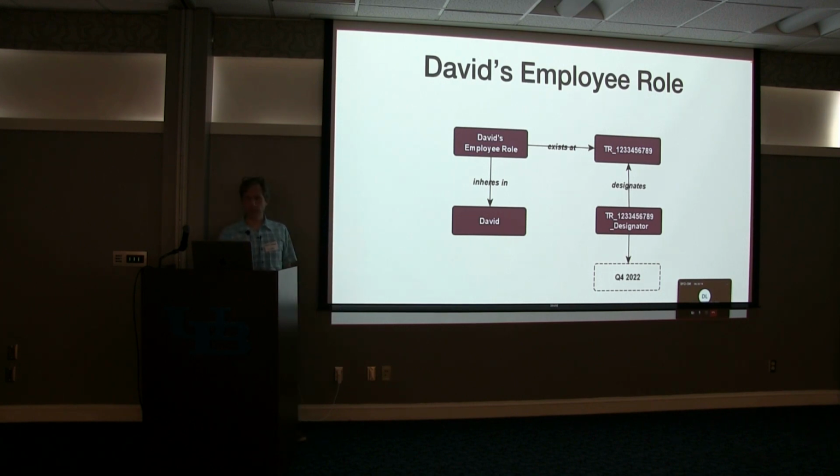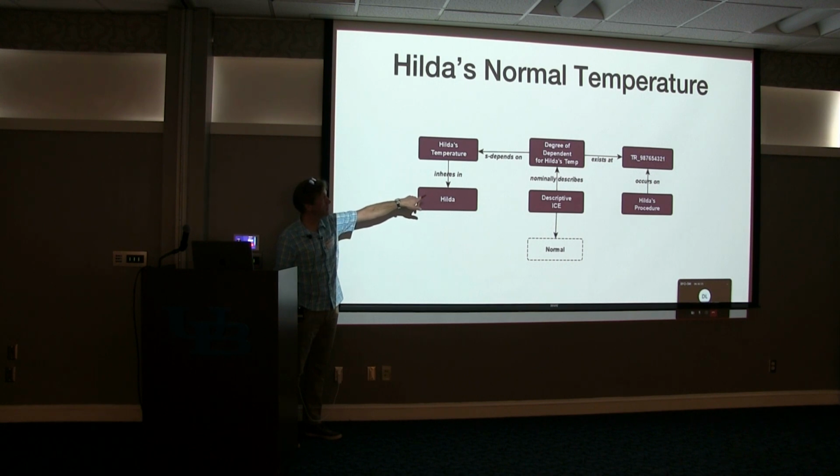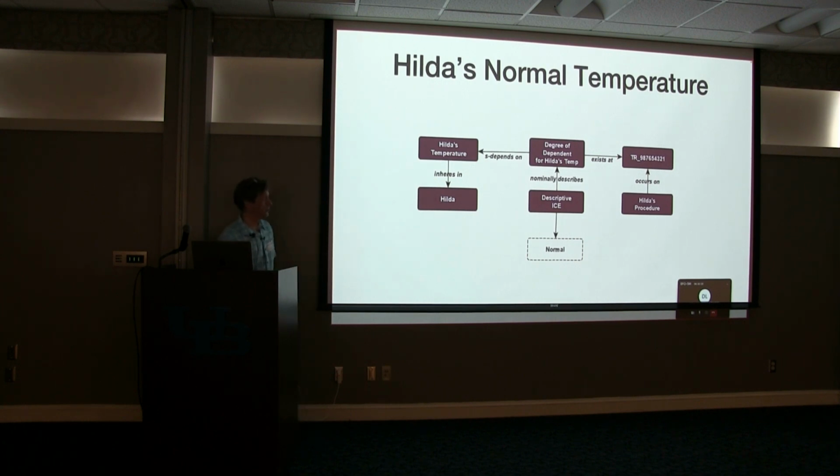In the degree case, Hilda's normal temperature. Same idea, roughly, except that we have another dependent, which is described by an ICE, and that exists at a temporal region. That degree does not change during that temporal region. It's always normal.